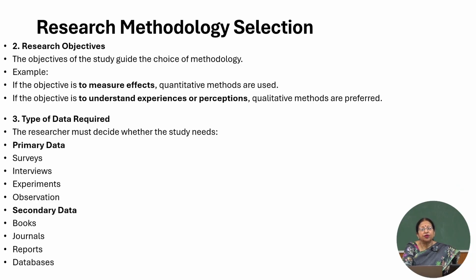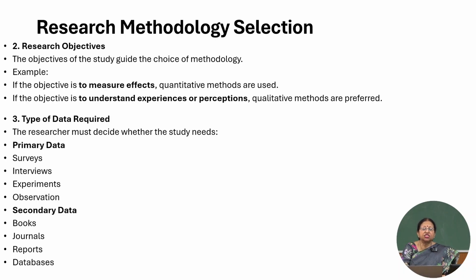Then you look at research objectives. In the research objective section, the objectives help to guide and choose the methodology. If the objective is to measure effects, quantitative methods are to be used. If the objective is to understand the experience or perception, then qualitative methods will be preferred. Types of data required.